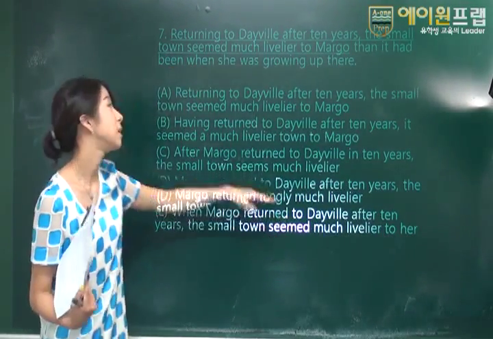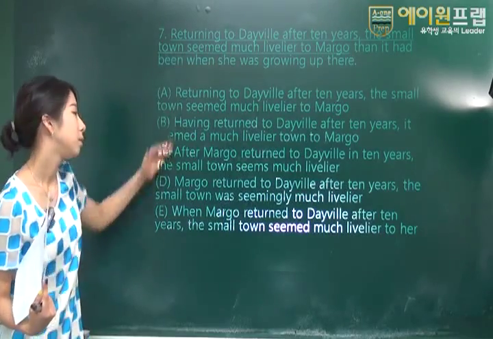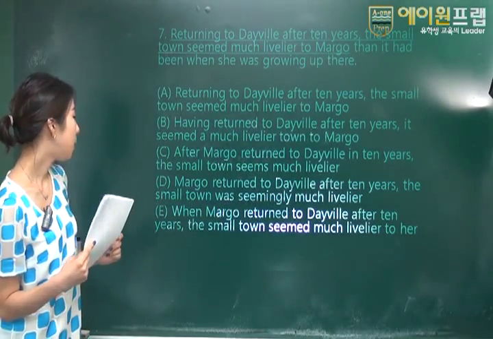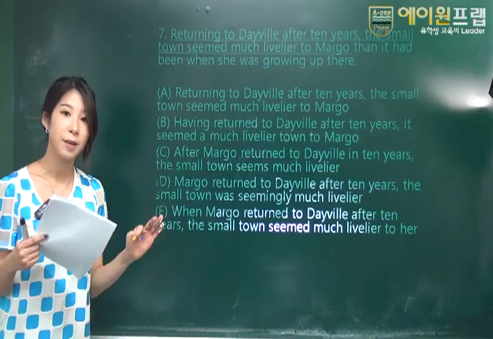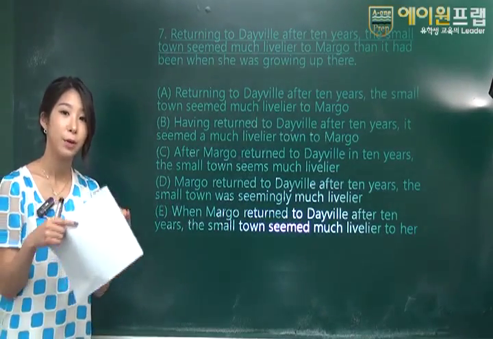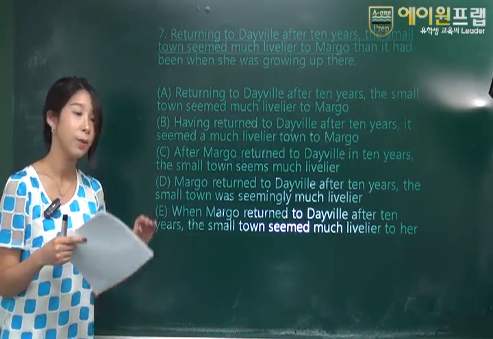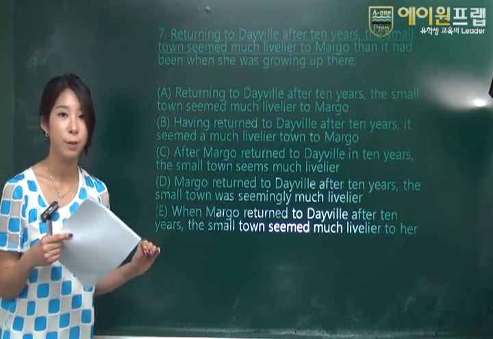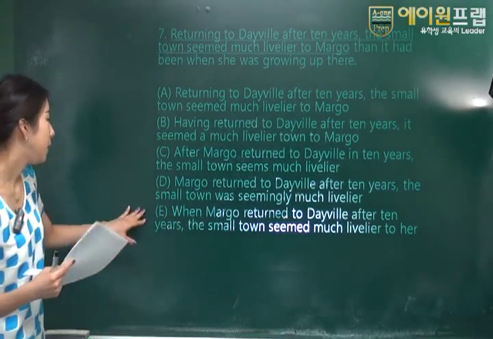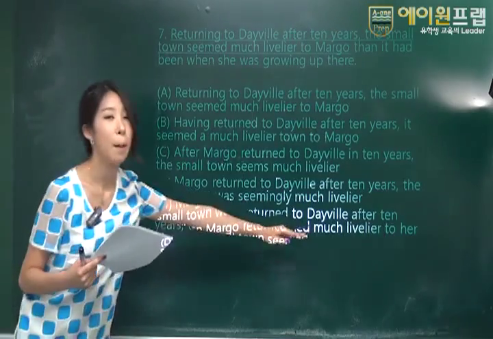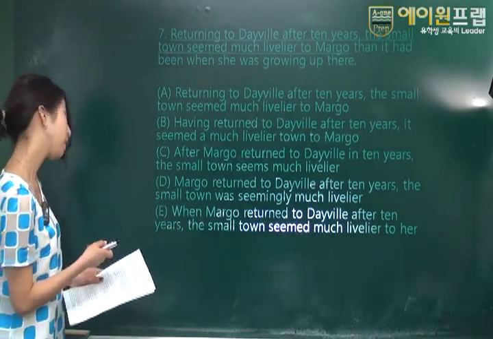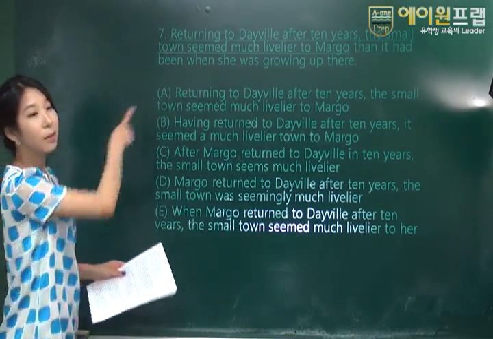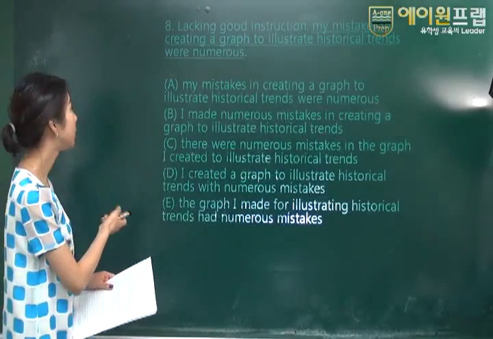This is the past, so that's why this is the past perfect, right? So remember: past, past perfect, present, present perfect. You also have to pay attention to the tense when you look at the sentence. So that's why E is the answer, because of the past tense. That corresponds with the past perfect.